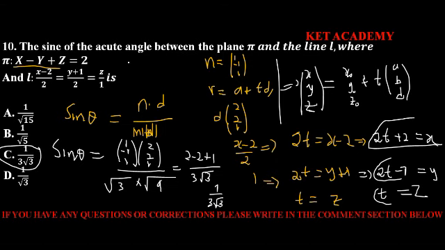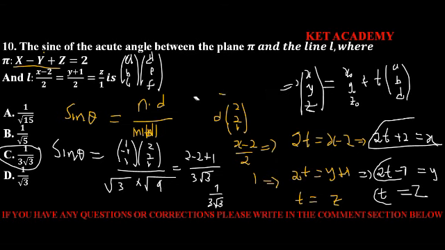Now, to do the dot product, let's say I'm doing the dot product of (a, b, c) with (d, e, f).